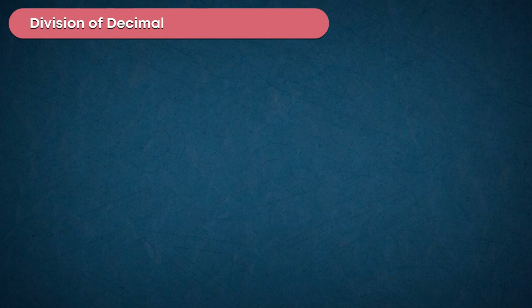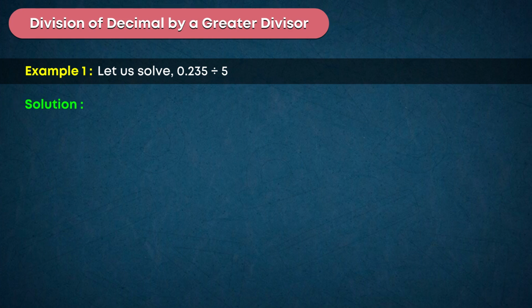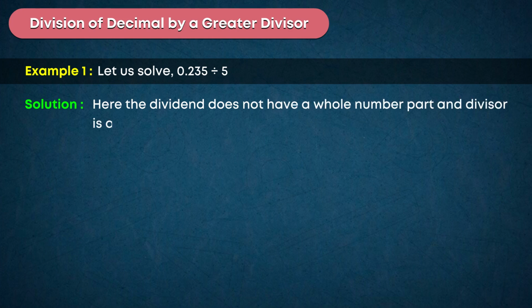Division of decimal by a greater divisor. Example 1. Let us solve 0.235 divided by 5. Solution. Here the dividend does not have a whole number part and divisor is a whole number.